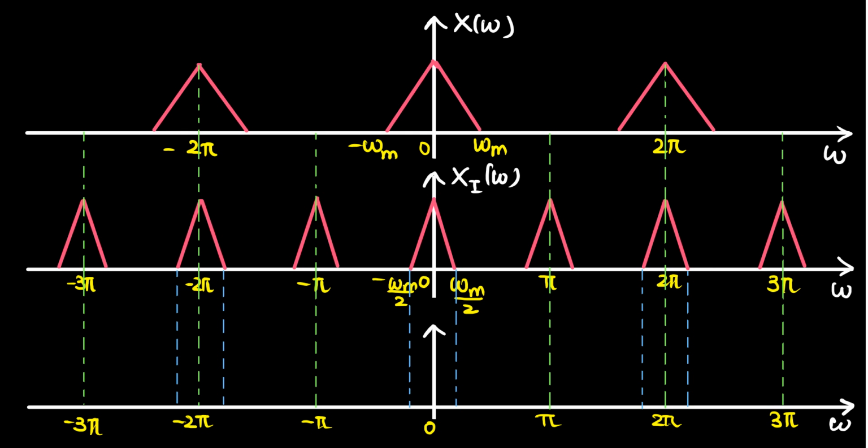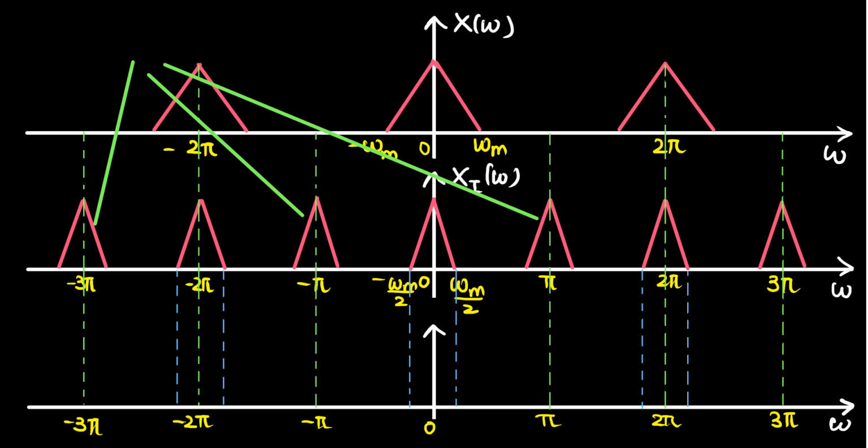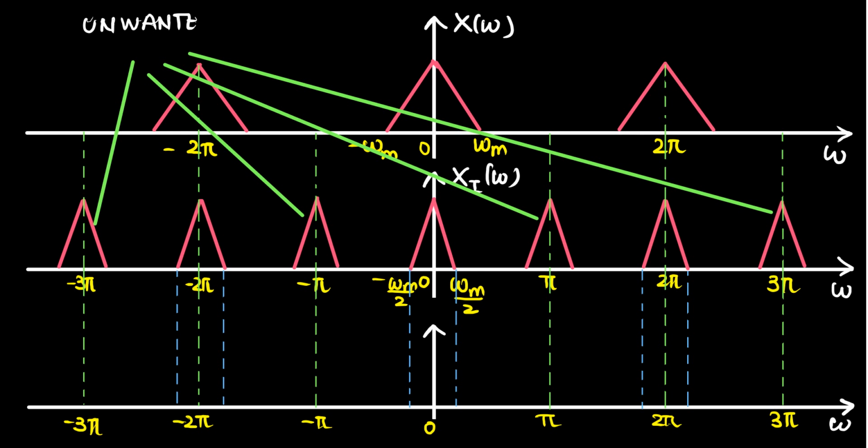So these replicas at minus pi, pi, 3 pi are basically unwanted replicas and are referred to as images.